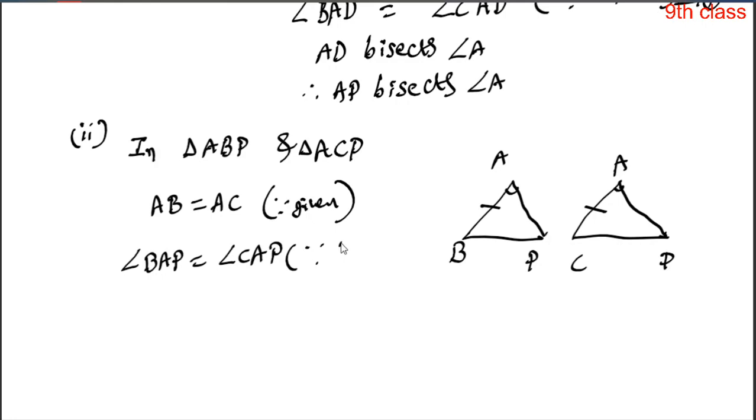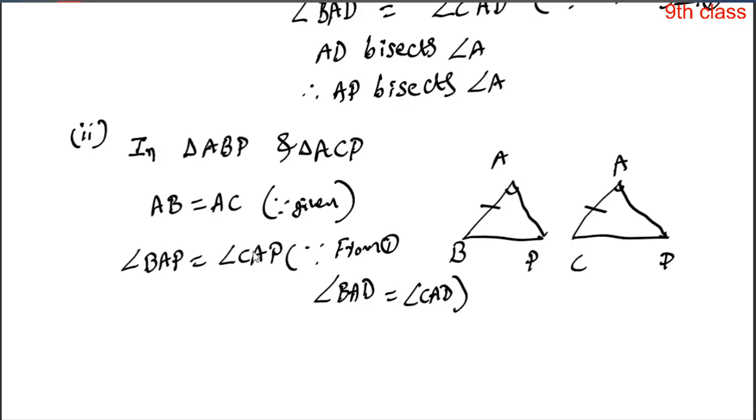From equation 1, angle BAD is equal to angle CAD. These two angles are equal. So angle BAP is equal to angle CAP.